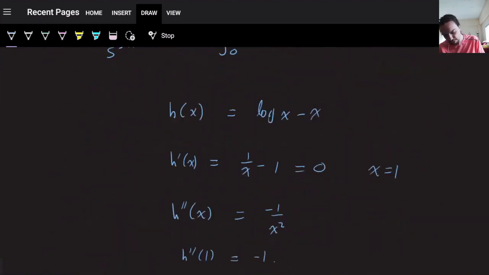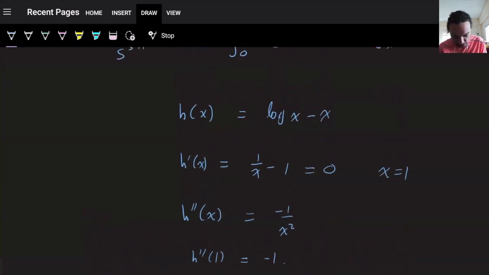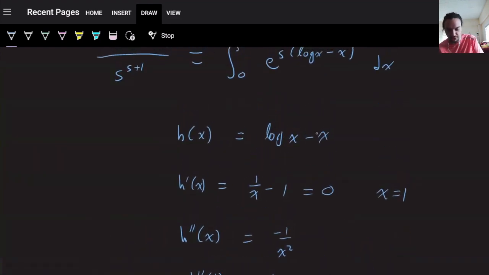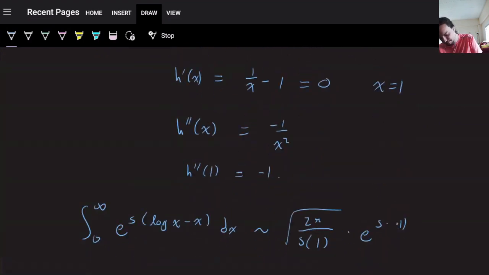It tells us this is twiddle square root of 2 pi over s times minus h double prime at the max, which is minus 1, which is 1, times e to the s times whatever the value of h is at the max, so h of 1. h of 1 is just 1 minus 0, 0 minus 1. So this gives us minus 1.